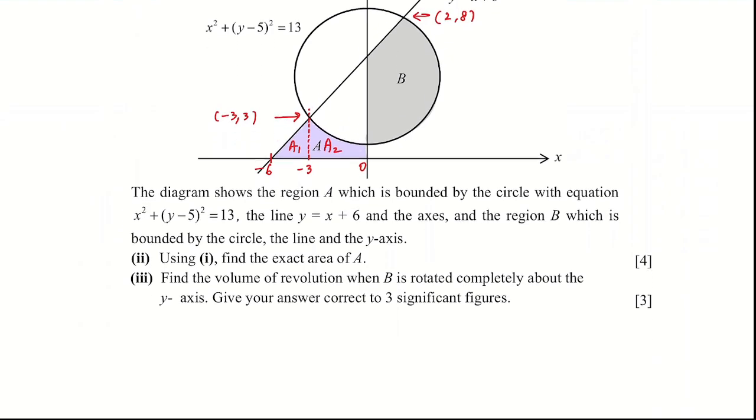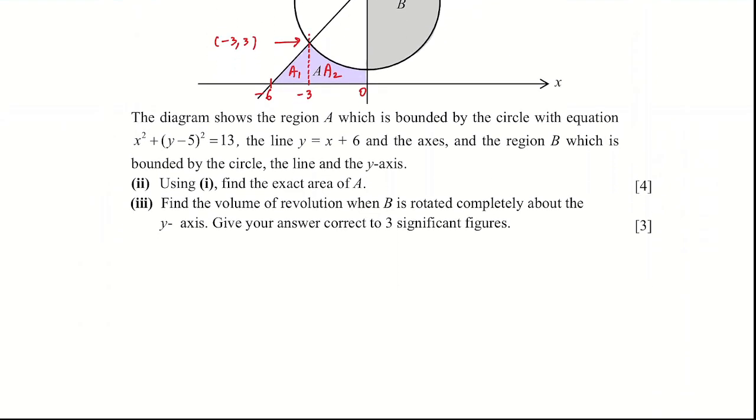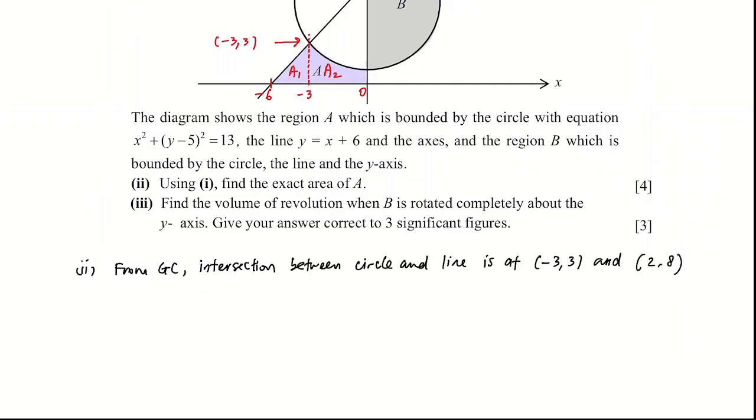If you were to see this, the exact area A over here would be equal to, now this triangle over here, or maybe we state our intersection point first. So from GC, intersection between circle and line. We state this first.